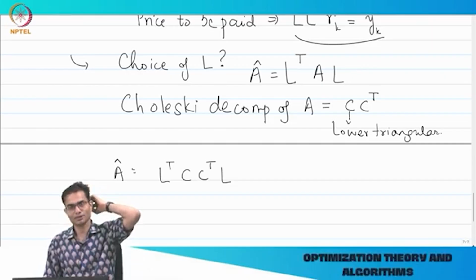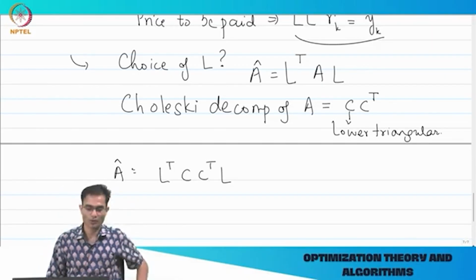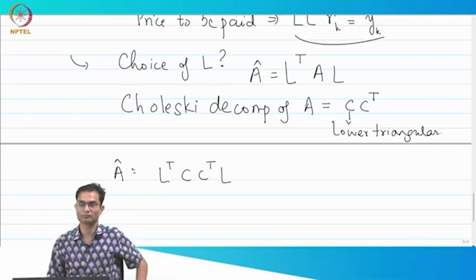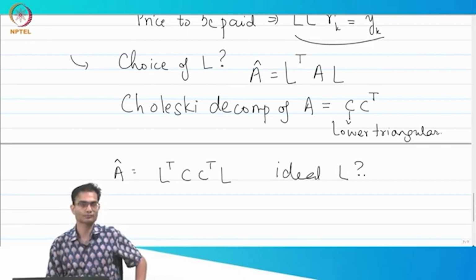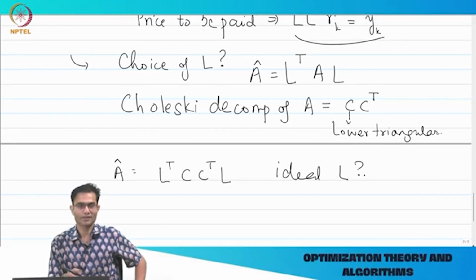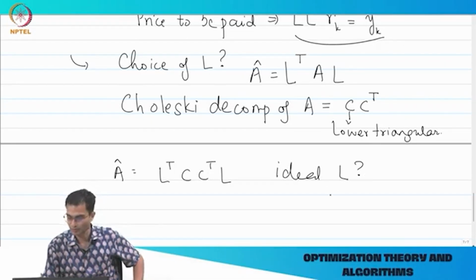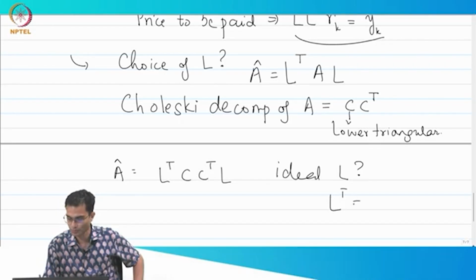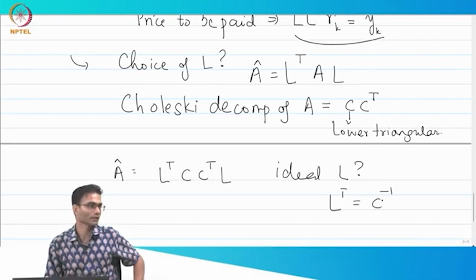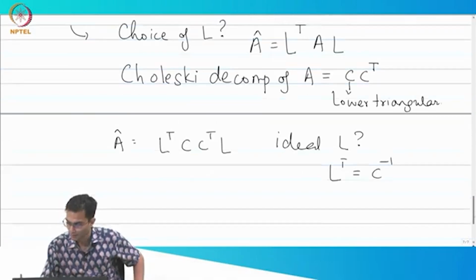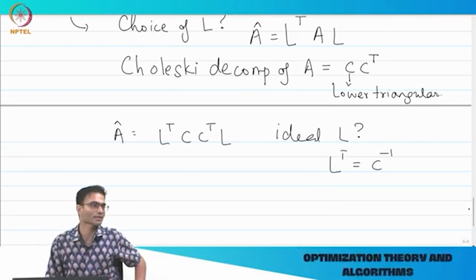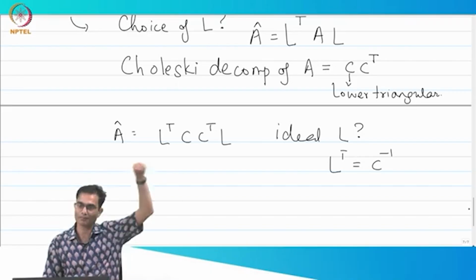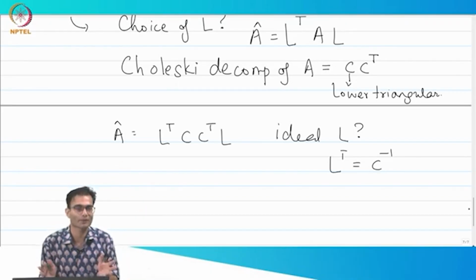Supposing I knew the Cholesky decomposition of A, what would you choose as L? If I can make this into identity, I am done. So the best thing would be that L transpose should be equal to C inverse. Then I would be done. Of course, the exact Cholesky decomposition is almost as expensive as calculating Ax equal to B. So we are once again back in the same situation. Looks nice on paper, I can't use it.